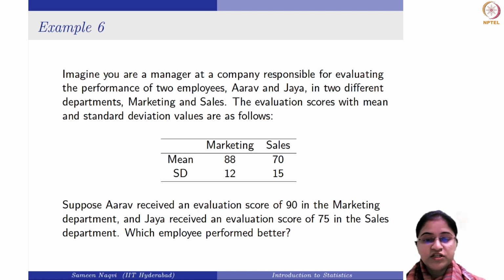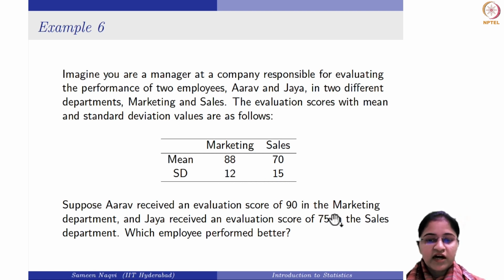So for this, we need to bring them down to the same level so that the comparison of their performance makes sense. And thus we calculate the z-scores. So here, if you want to calculate the z-score of Arav, this is x given to you, x minus mu. So mu is the mean, that is 88, and you divide by 12 over here.